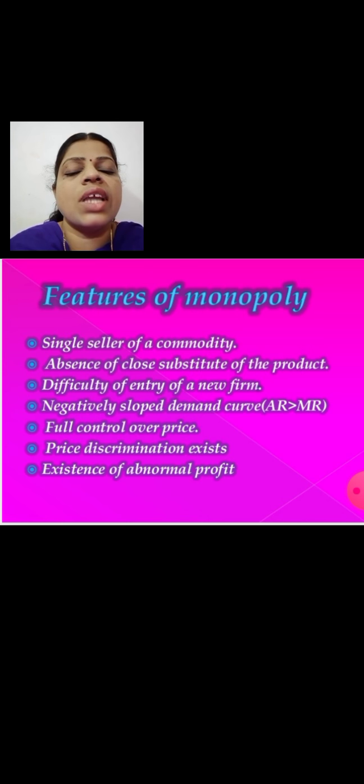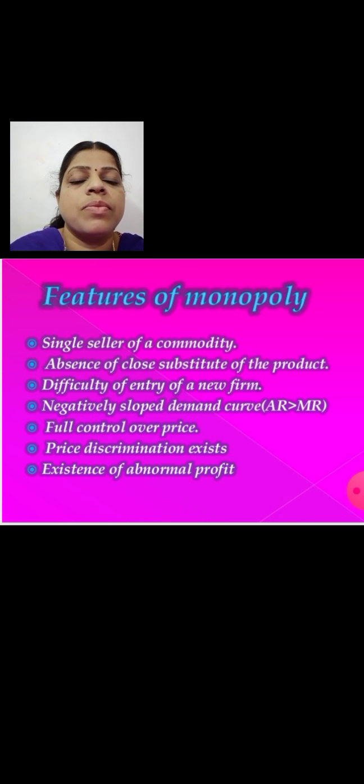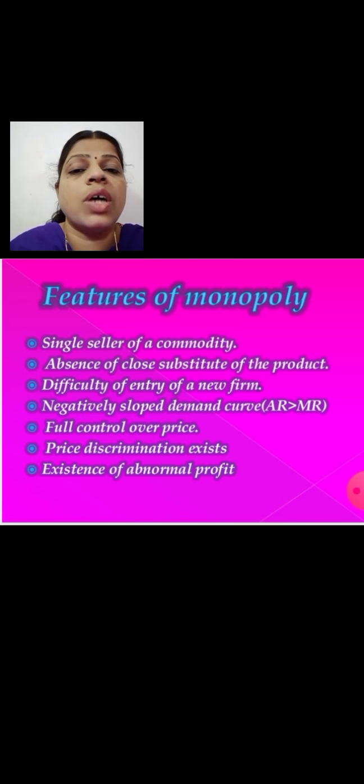The next one is a negatively sloped demand curve. Here, the demand curve is not positively sloped, it is negatively sloped. And here average revenue is greater than marginal revenue. It is not the same as in the perfect competition. Here average revenue is greater than the marginal revenue.